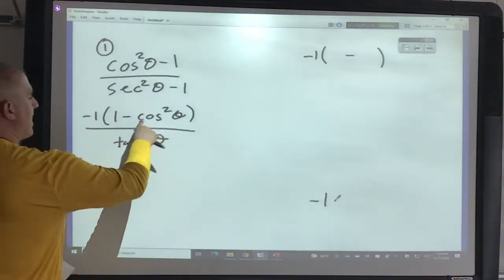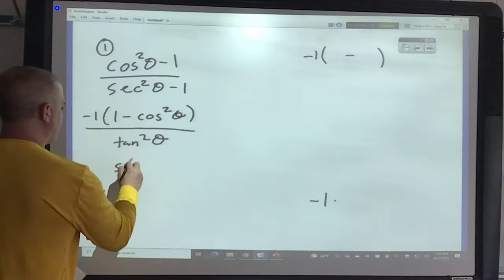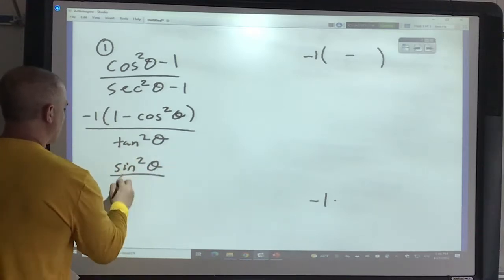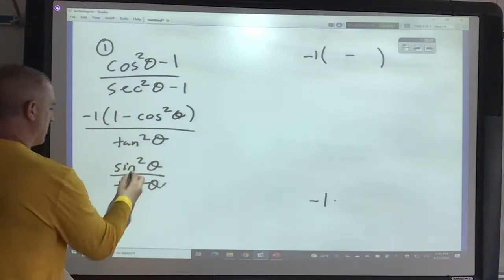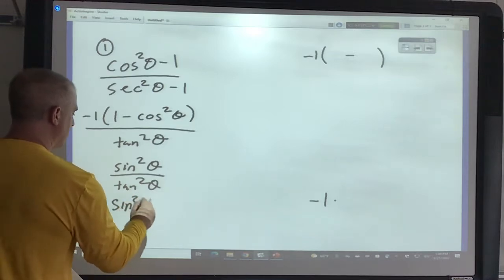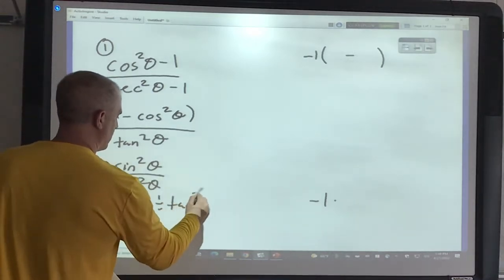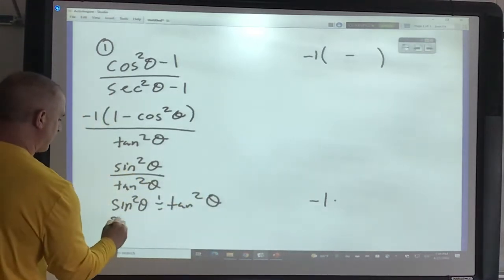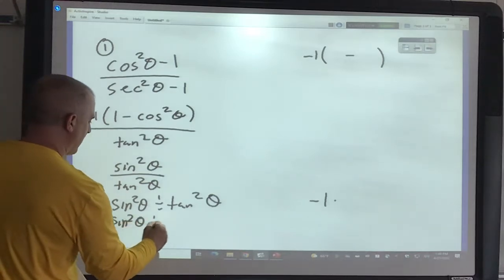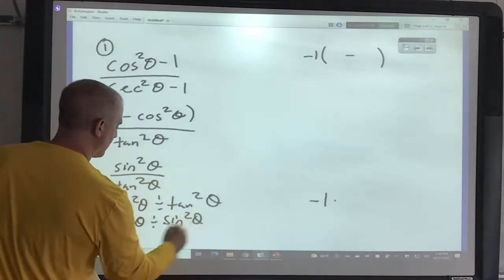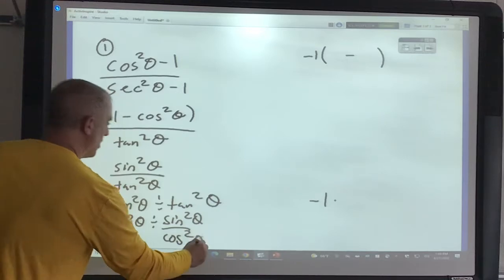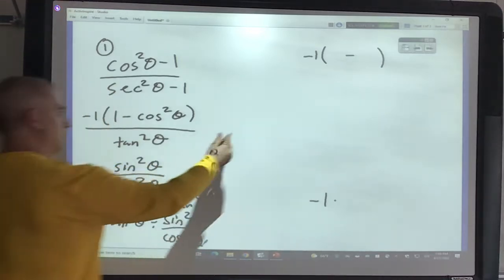So this 1 minus cosine squared is sine squared. So I got sine squared theta over tangent squared theta, which is sine squared theta divided by sine squared over cosine squared. What does division of fractions do? Flips the second.